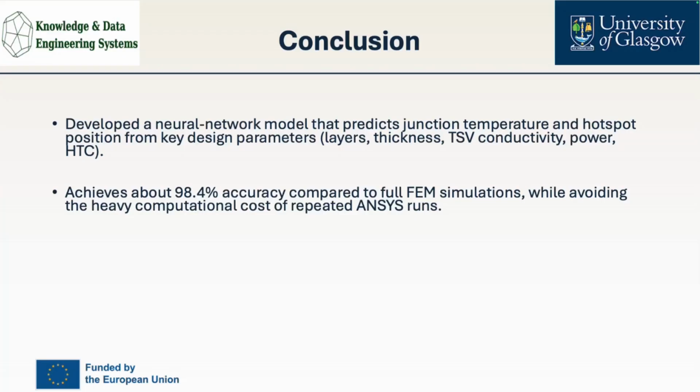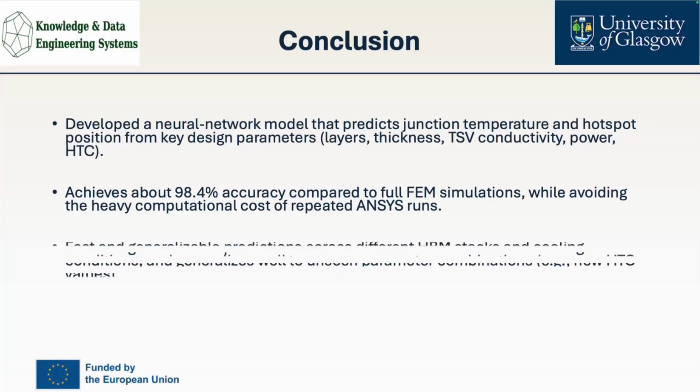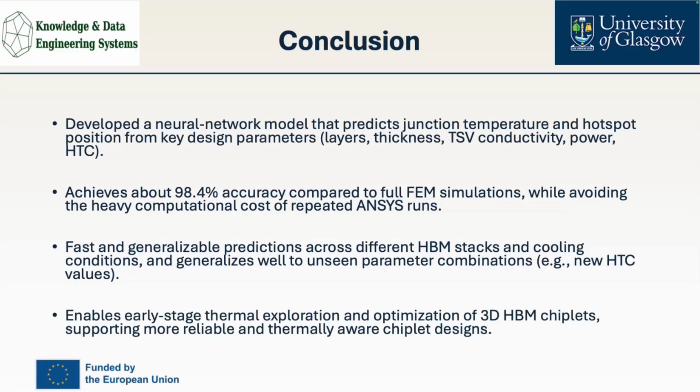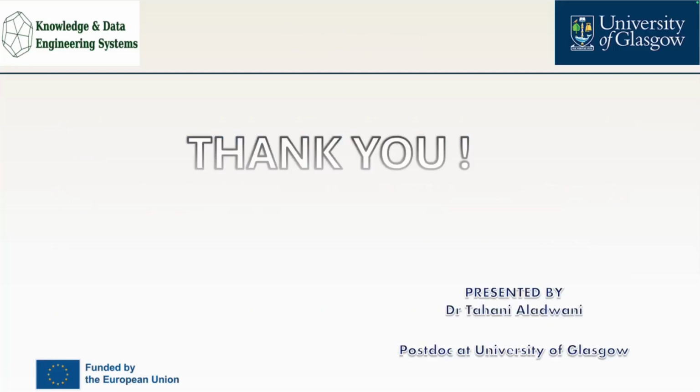This neural network model can give about 98.4 accuracy compared to finite element analysis, which is very high accuracy, with only a few seconds or minutes to get the result. This kind of model can also generalize very well to unseen data. It is very helpful because it's very fast. So this is the final slide. Thank you very much.